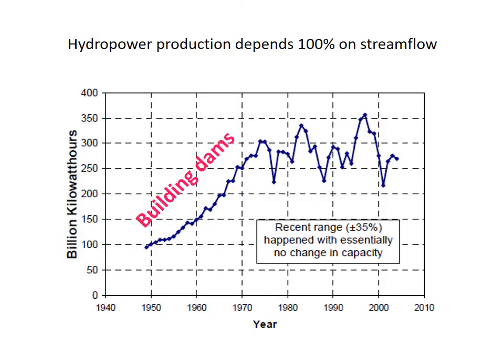So I like this figure. This is U.S. production of hydropower over the last 70, 80 years. We had very little starting in 1950, and then we went on a really big building spree as part of the New Deal and all sorts of stuff.